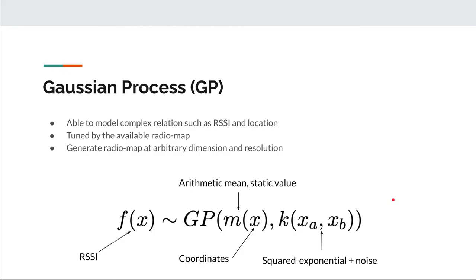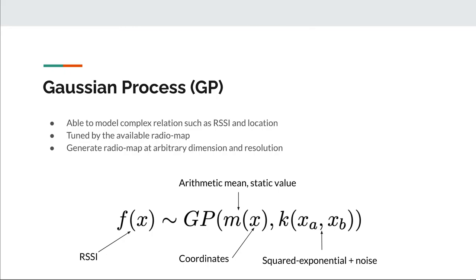Now that we have covered the basics of RSSI-based localization using traditional fingerprinting, let's take a look at where Gaussian process can play a role. Gaussian process is able to model arbitrarily complex relations, such as the one between RSSI and location, as long as we provide sufficient prior observations.